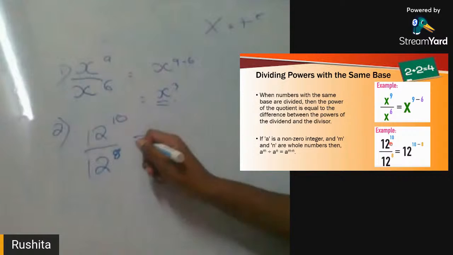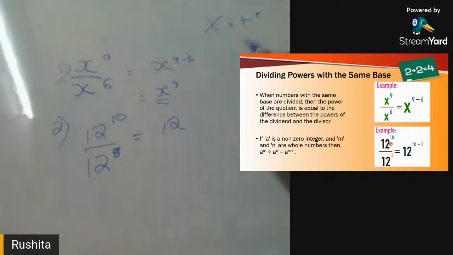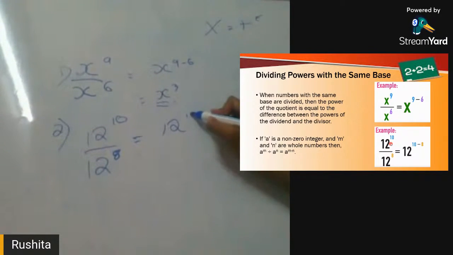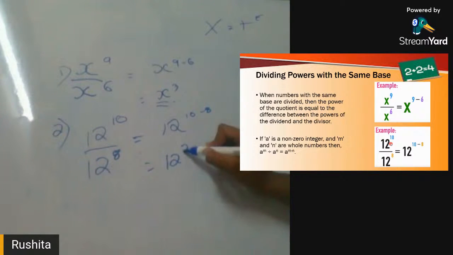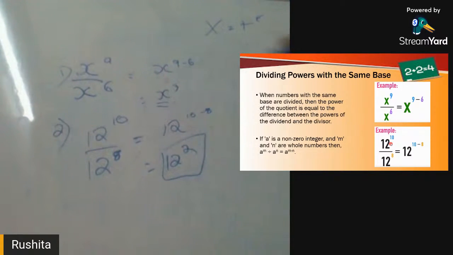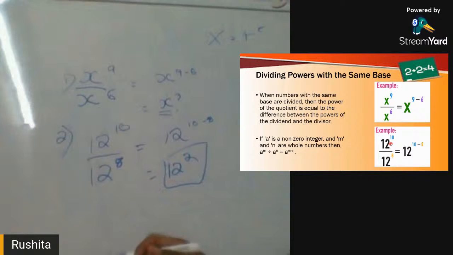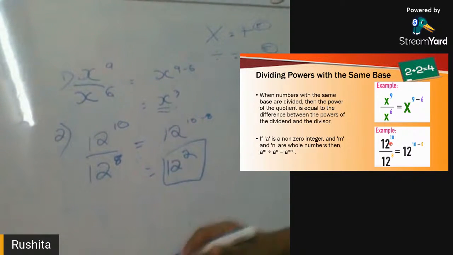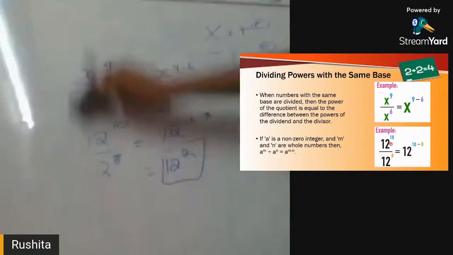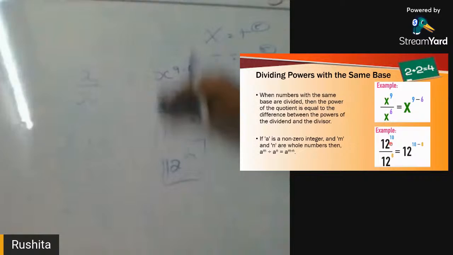Now what have they done here? 12 to the power of 10 minus 8, which is equal to 12 to the power of 2. Now this division is equal to subtracting the exponents. Okay, understood? Hope you did.